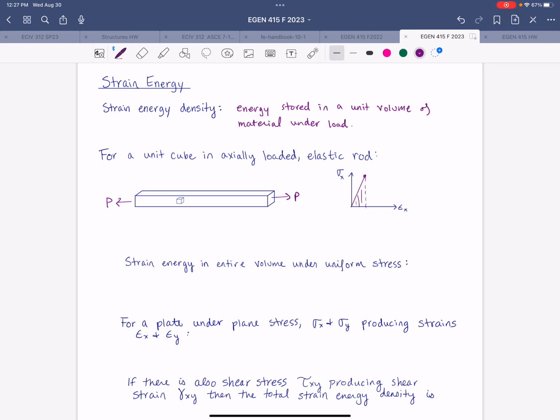All right, and the volume under that curve represents the strain energy density from the unit cube. So, all right, that axial force would generate a normal stress in the x direction on that cube, right? So that's what we're plotting here. I'll just make that clear.